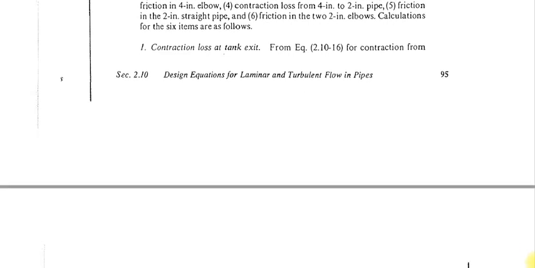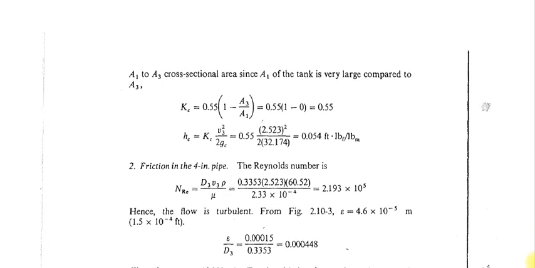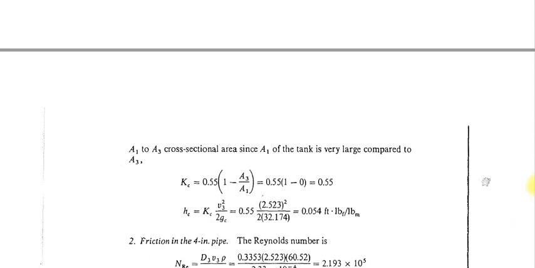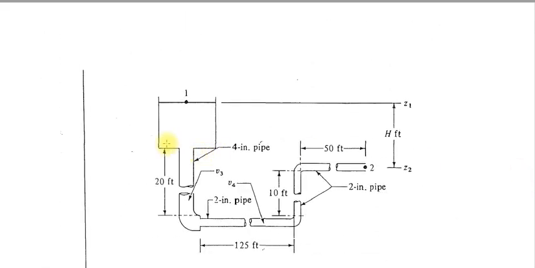This is the formula which we can use: 0.55 times (1 minus A3 by A1). Here the value of A1 is very large. If you assume your tank is significantly large, then this area is much higher than this cross sectional area, so the ratio of both will be negligible.